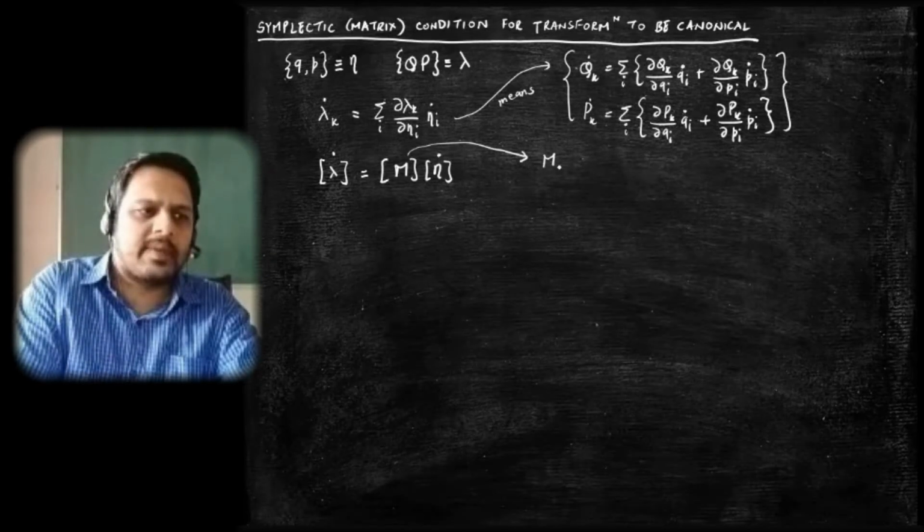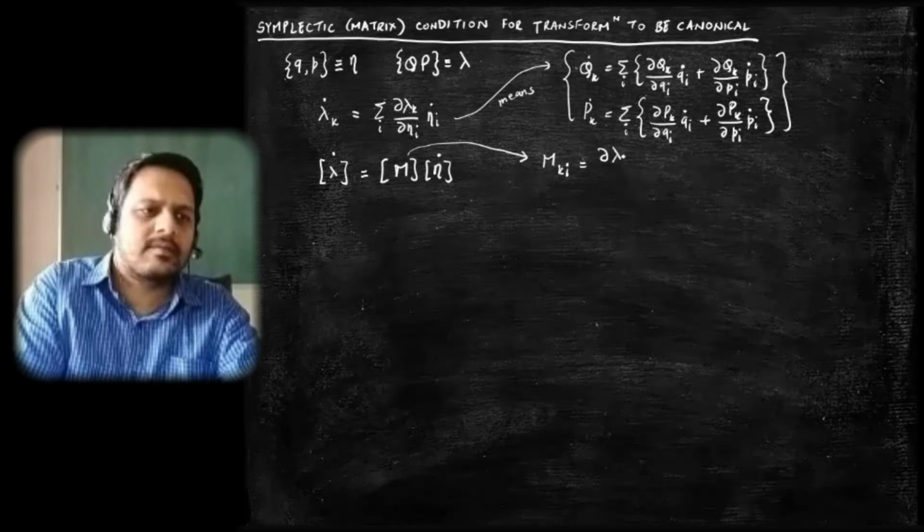Basically the M is a matrix such that the kth row and ith column will contain this guy.